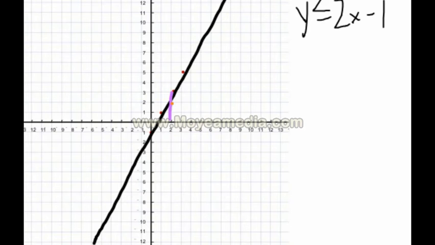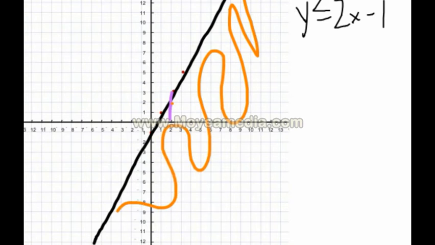So let's look at another one. If I look at 4, when x is 4, y is 7, and something less than 7 would be 6, so I want to come on this side of the line now.